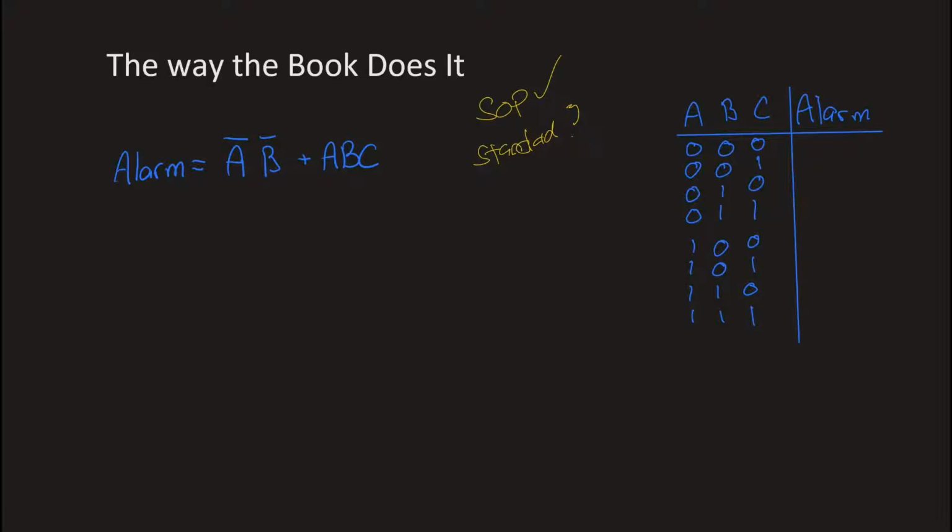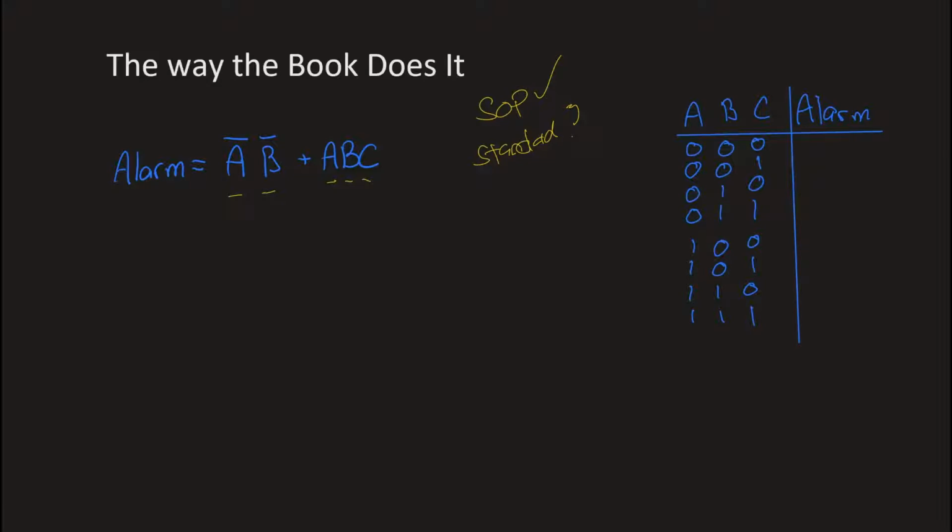No, it's not, right? Notice that this equation has A, B, and C, but this equation here only has A and B. It's missing the C term. And so this would not be in standard sum of products. So what we need to do is we need to put it in standard sum of products.